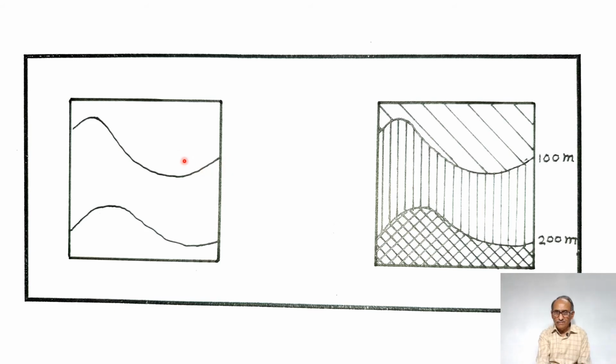Suppose this is a particular square. If the value is given, then the center of that square is considered as the location of that particular value. And then we join all those values having the same number, that is, this is 100 meters and this is 200 meters. And then we use different shades to represent that. So darker shade is used for the area showing higher elevation.